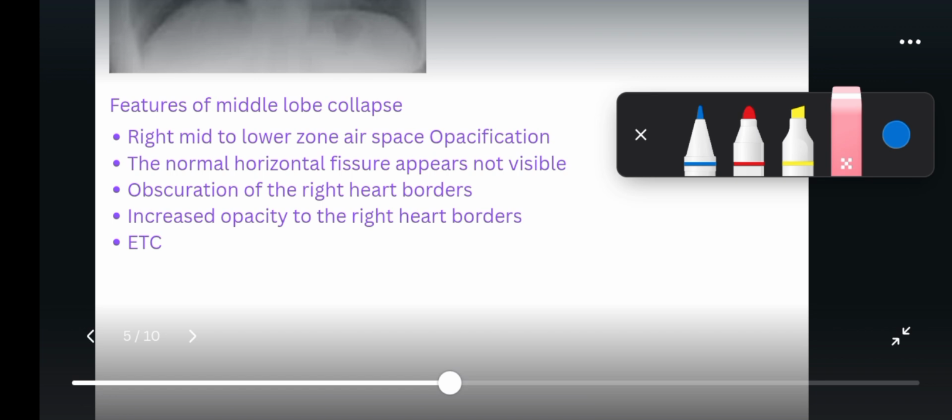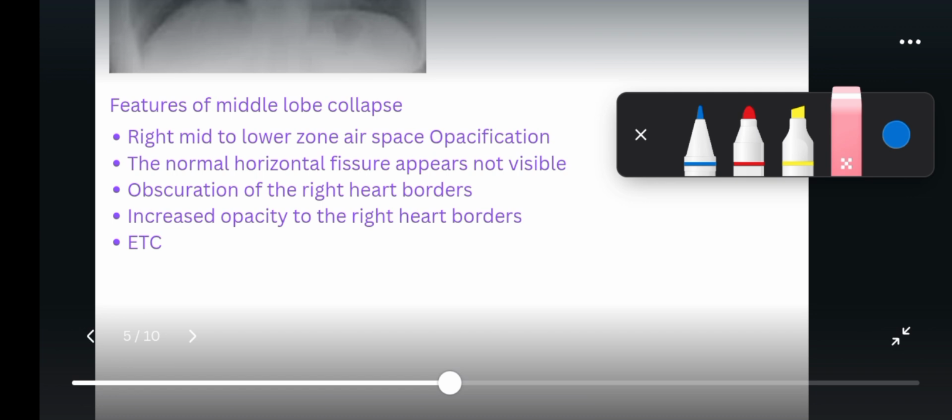The normal horizontal fissure appears not visible because it is distorted. For you to see any border, it has to be at right angle to the beam. But now when there is a middle lobe collapse, the horizontal fissure is no more at a right angle with the beam, so you cannot see it.